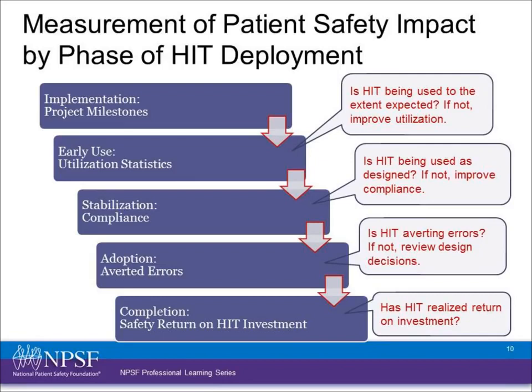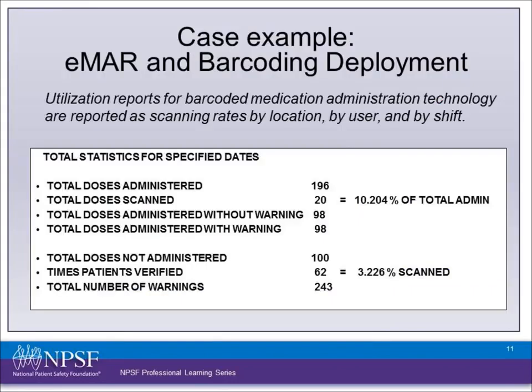Are we in fact getting the safety outcomes that we expected? And has this really become the way in which we do things in our organization? Now, the length of each of these phases varies from days to even years based on the technology and your implementation approach. Let me return to my example, because this is one where it is literally taking us years.